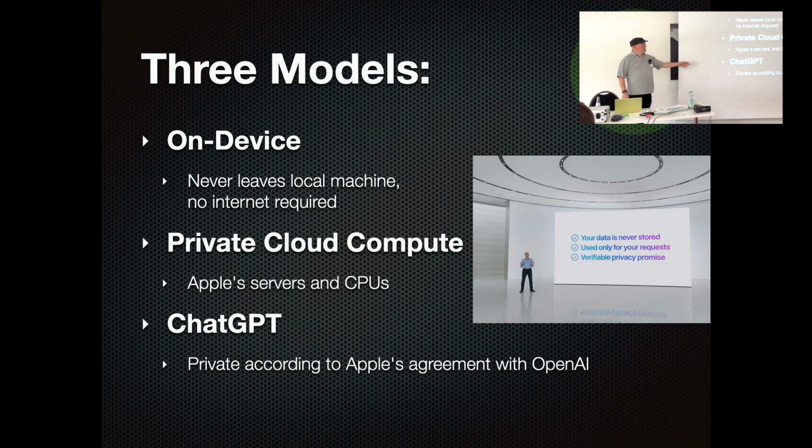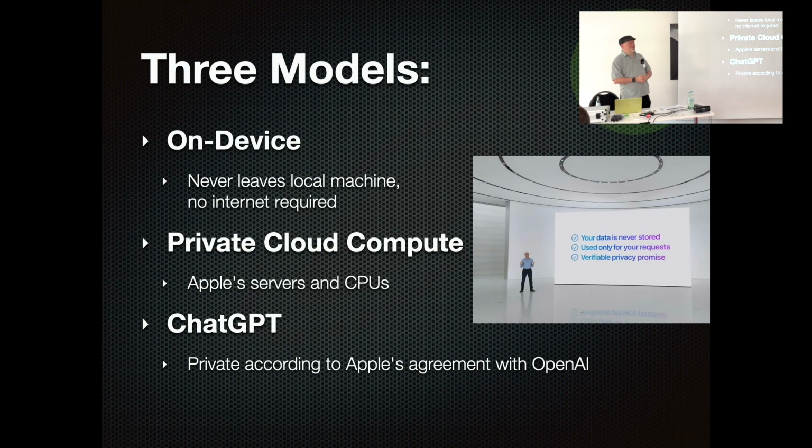The third option is that you can actually use ChatGPT. This is based on Apple's agreement with OpenAI. It's possible, now that Apple's getting in bed with Google, with rumors for their next upgrade to Siri using Gemini, that maybe they'll add Gemini to this. I don't know. This is supposedly private according to the contract that Apple has with OpenAI.